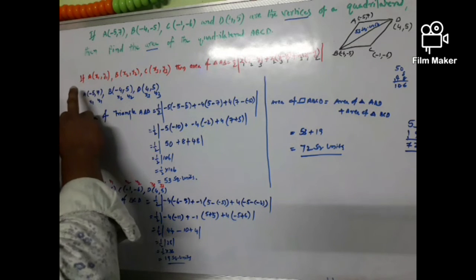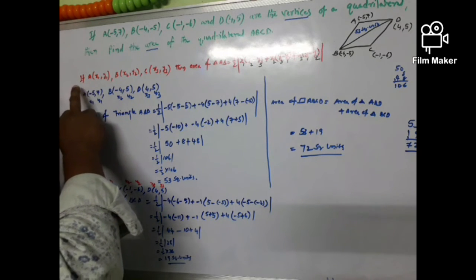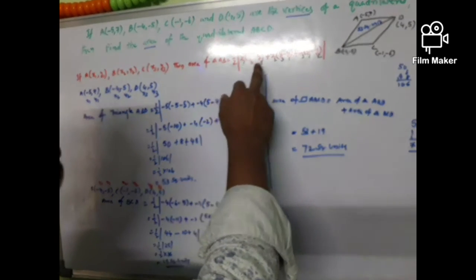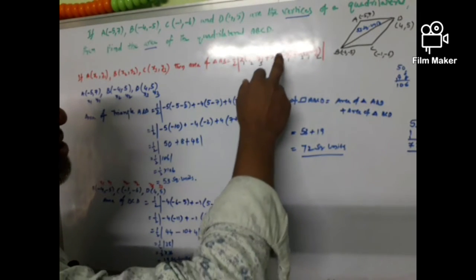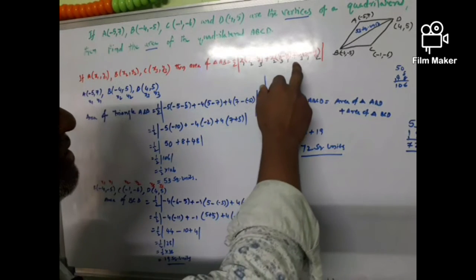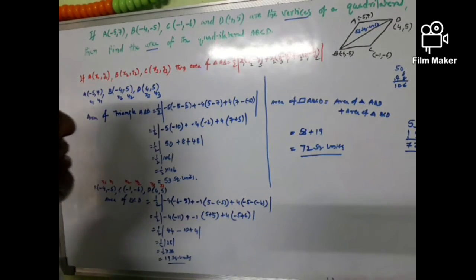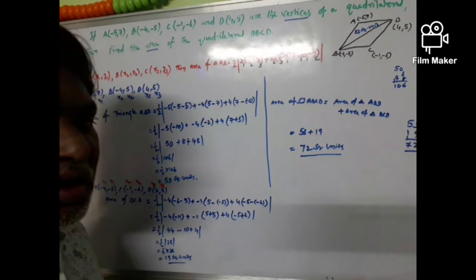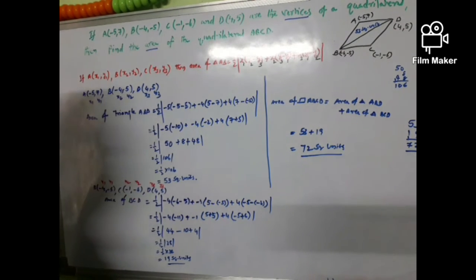We know the formula for the area of a triangle is half mod x1 into y2 minus y3 plus x2 into y3 minus y1 plus x3 into y1 minus y2.